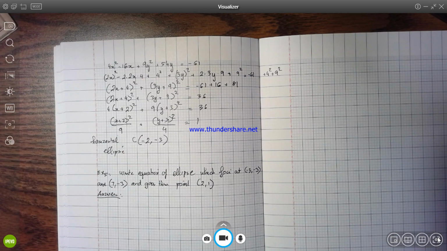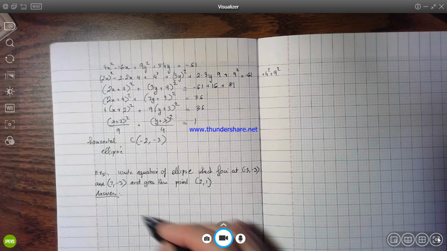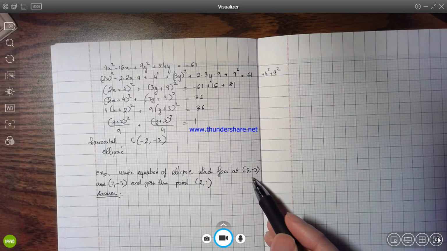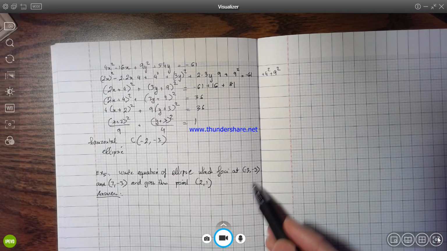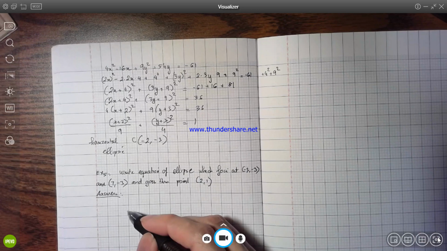So how do we know whether this ellipse has the center at the origin or somewhere else? If you look at the foci, let's draw the picture. The foci are -3, -3 and 7, -3.